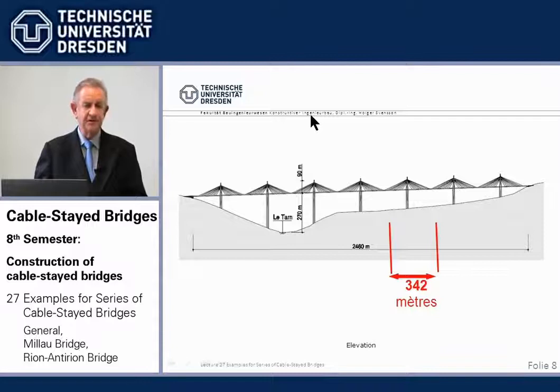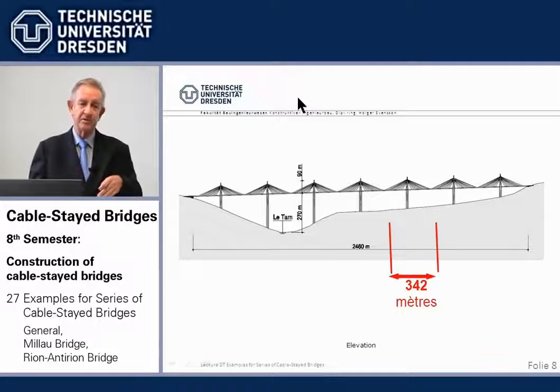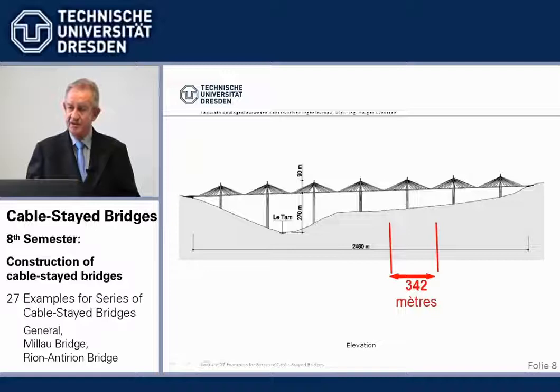I showed his picture to you with the Bonn North Bridge, and I have the results of his design for the bridge under my examples of general moments in cable-stayed bridges in lecture 9, if I'm not completely wrong. And I've noted there, this was the concrete design for this bridge.